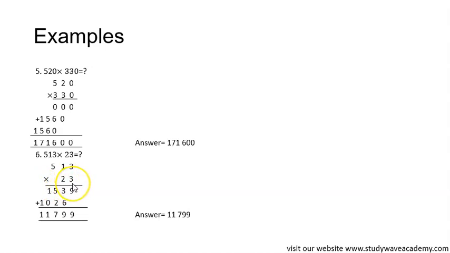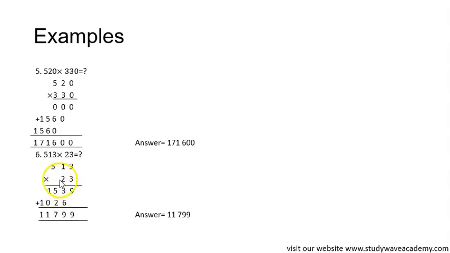So you start with the first digit at your right, at the lower number, okay? 3 times 3 is going to give us 9. 3 times 1, 3, and 3 times 5, 15. You move over to the next number, 2. 2 times 3 is 6. 2 times 1 is 2, and 2 times 5 is 10. Okay?